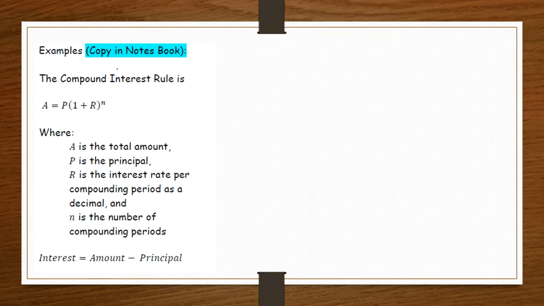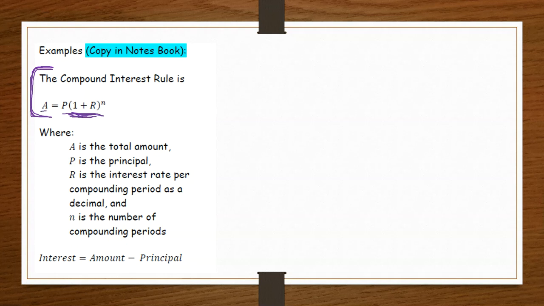More examples. So this is for compound interest, which is what we've just been finding, but there is a formula to do it as well. So rather than finding the 10% added on each time, we can just use this rule. We actually talked about this process in the 5.1 videos.